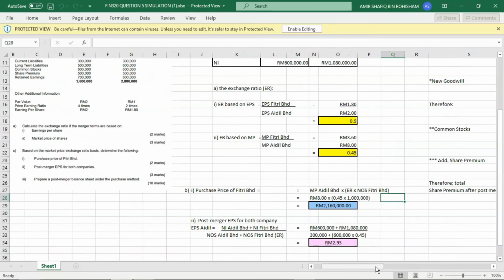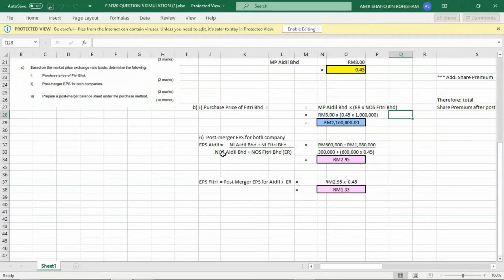we use EPS of Aidil Berhad. NI Aidil Berhad plus NI Fitri Berhad divided by NOS Aidil Berhad plus ER times NOS Fitri Berhad.